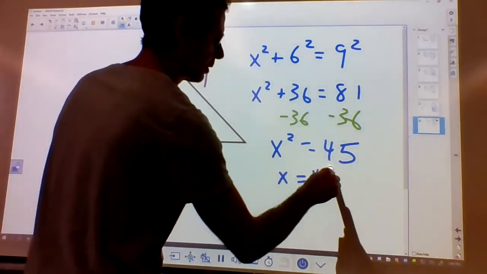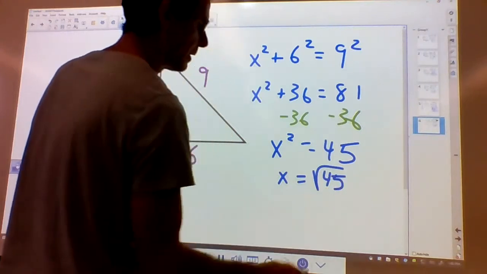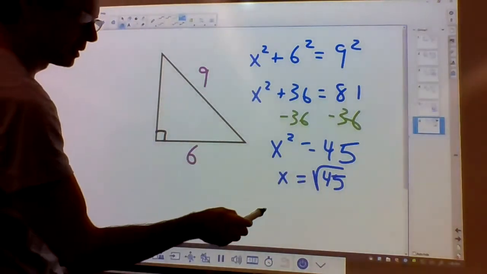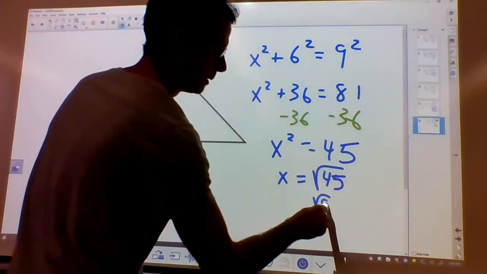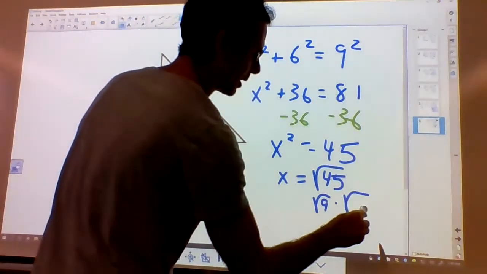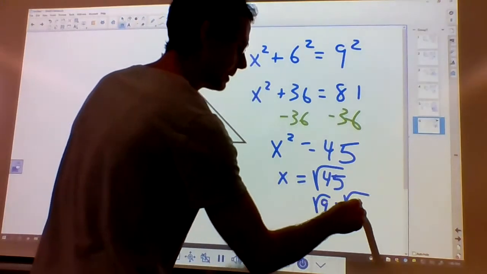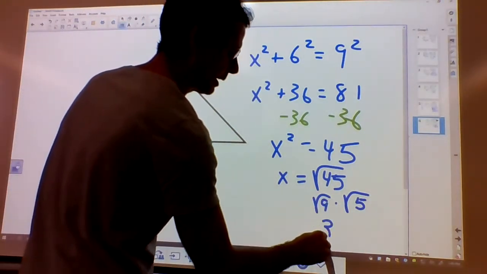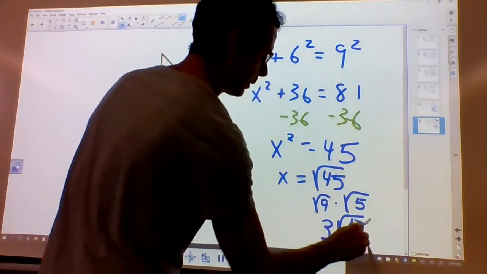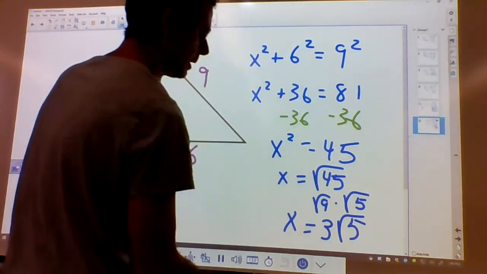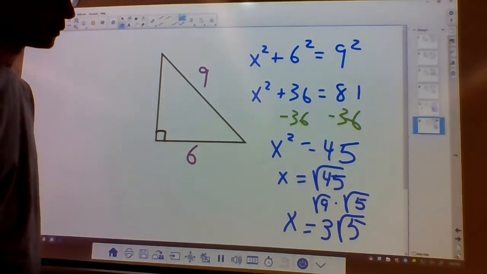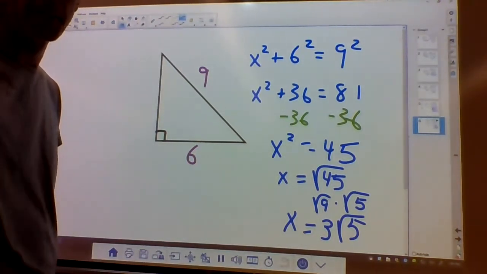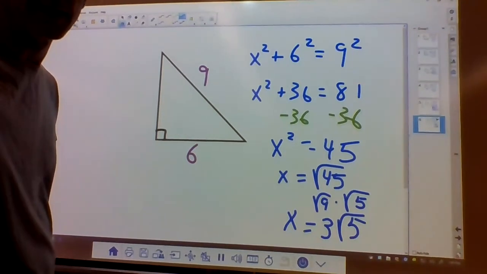So our initial thought is, well, it's the square root of 45. Which one of our perfect squares divides into it? So you can take more time to do the work, but it's 9. 9 times 5. Square root of 9, just like before, is 3. So your best answer is 3 radical 5. So here's one where you had to break down the radical, and we used the hypotenuse and a leg, that's it.